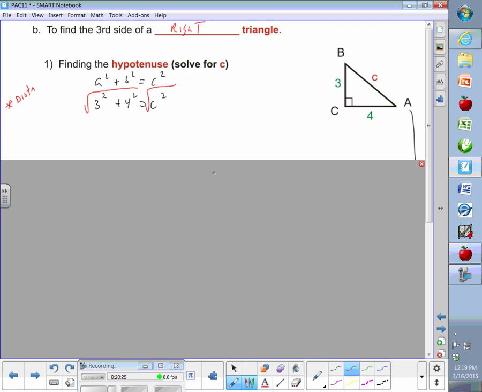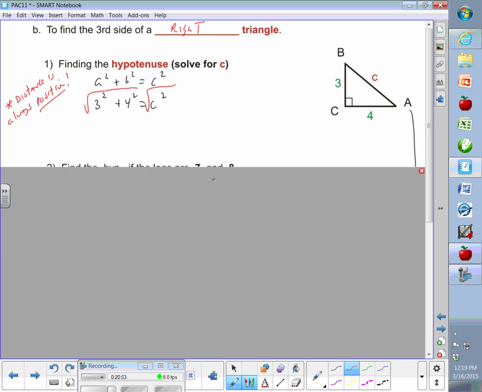Distance is always positive. You know what that ties into? The absolute value, right? The distance a number is away from zero. Distance is always positive. Therefore, we don't need to worry about the minus parts. Okay? So whenever you're finding the side of a triangle, we just worry about the positive part. So we don't need the plus minus.